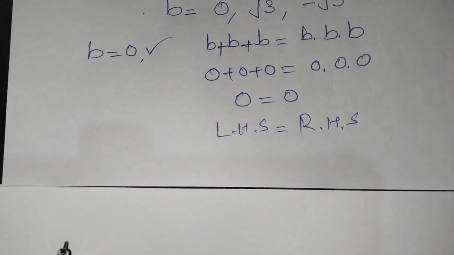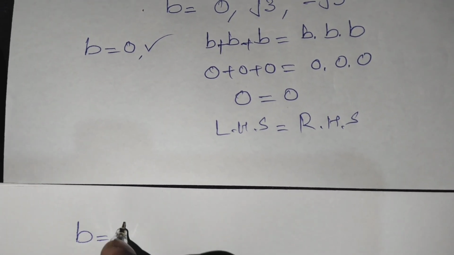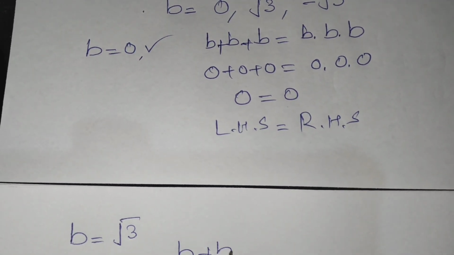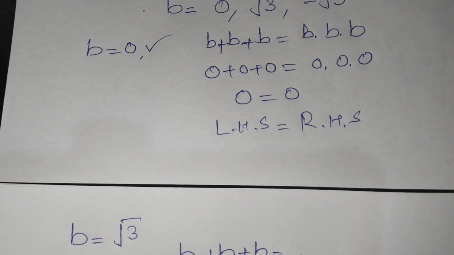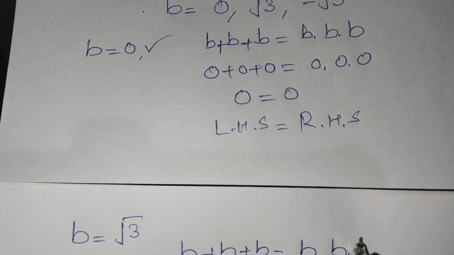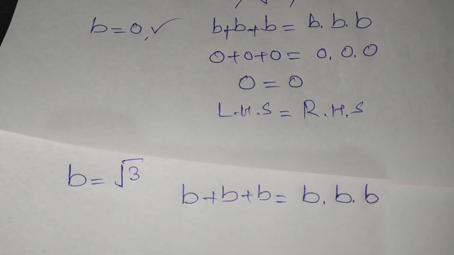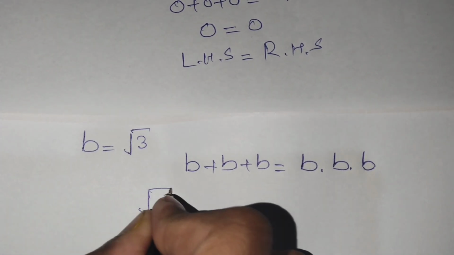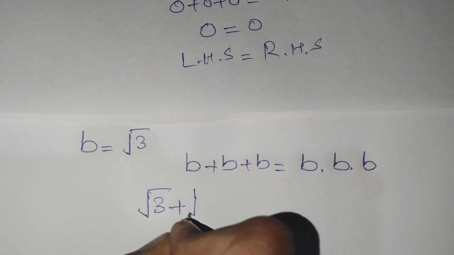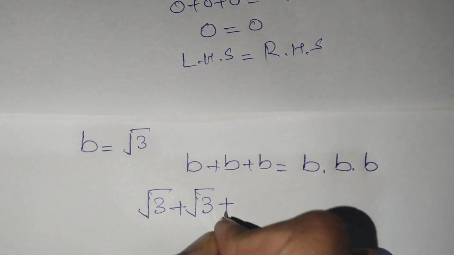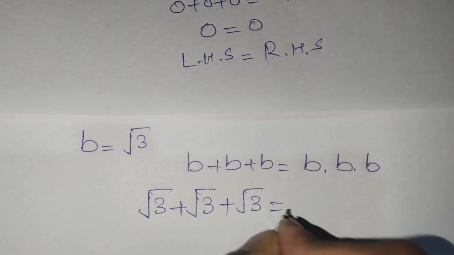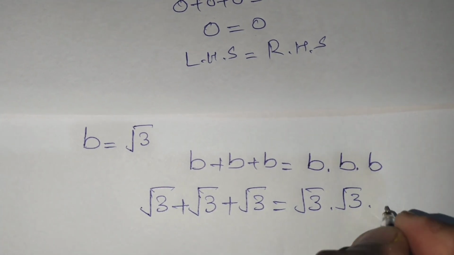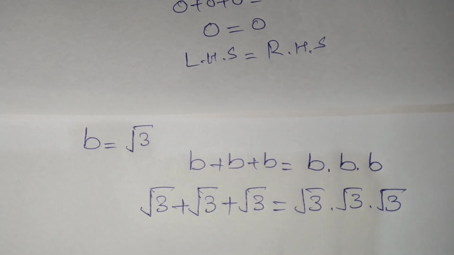Now we will check another value of b, which is plus square root of 3. We have b plus b plus b equals b times b times b. So it will be square root of 3 plus square root of 3 plus square root of 3 equals square root of 3 times square root of 3 times square root of 3.